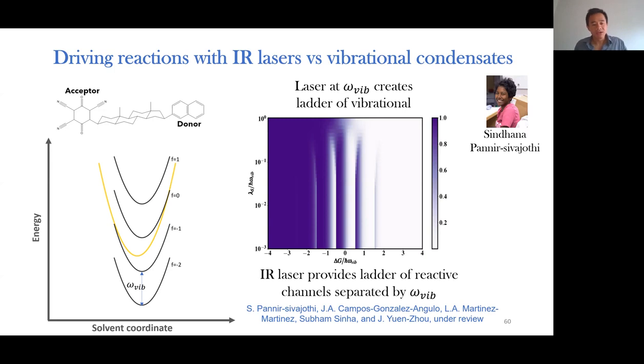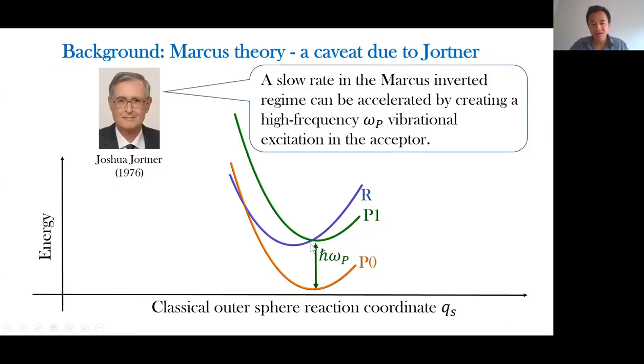Okay, so if the coherence is outside, if you just drive the molecules with a laser, what you're really doing is shifting the free energy of the reactant. Namely, you're dumping additional free energy into the reactant, so when you go from reactant to product, you create one excitation in the high frequency mode.